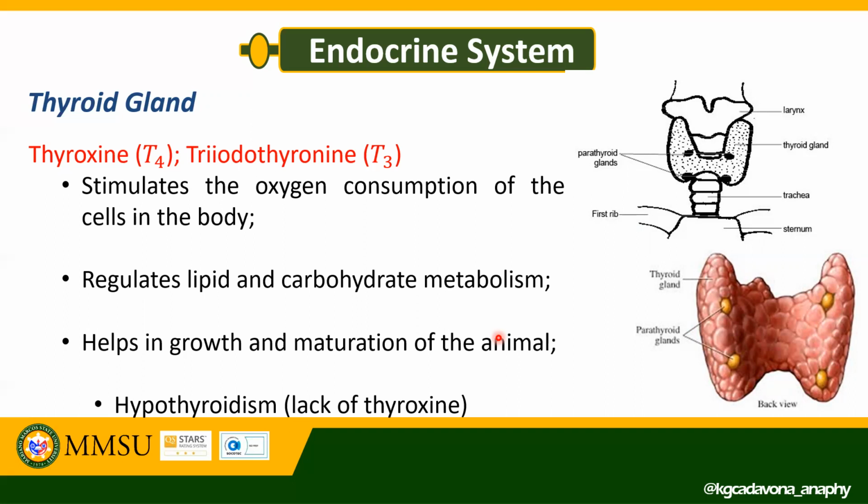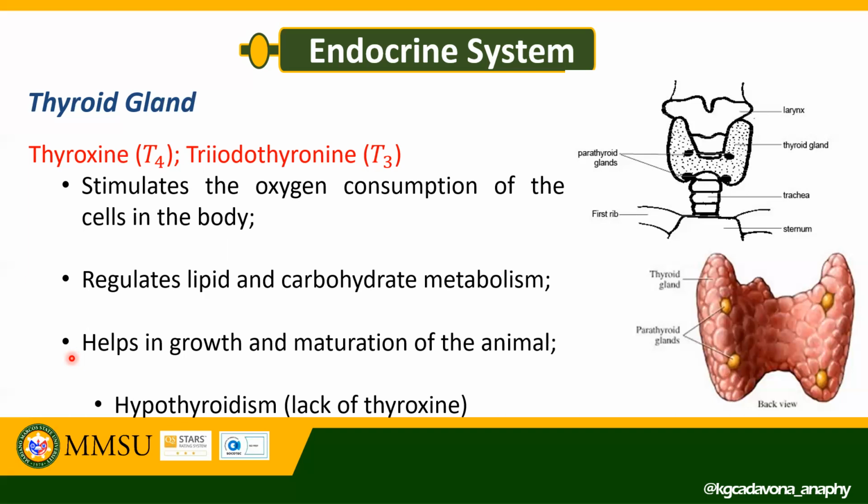Okay, so these two hormones are being responsible for the metabolism of these two nutrients in the body of the animal. And aside from the growth hormone kanina, these two hormones also help in growth and maturation of the animal. In fact, this gland is not essential in life, but if it is absent, then that would be the time that the animal will have a poor resistance to cold.